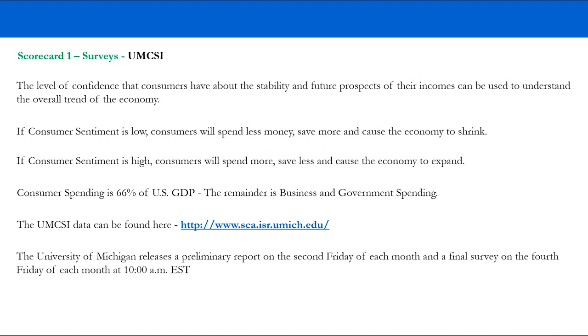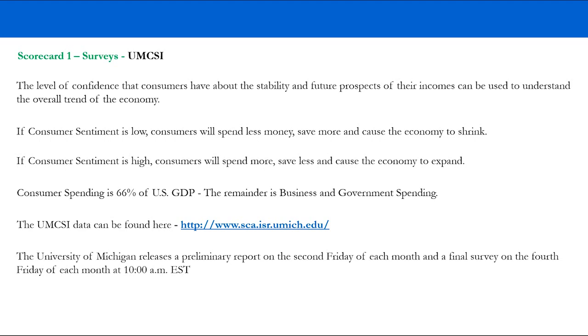So for example, if consumer sentiment is low, it basically means that consumers are likely to spend less money and save more and cause the economy to shrink. So if it's high, consumers will actually go out and spend more, save less, and cause the economy to expand. Because if they're feeling confident about the future prospects of the economy, they're expecting to be earning or making more money in the future.